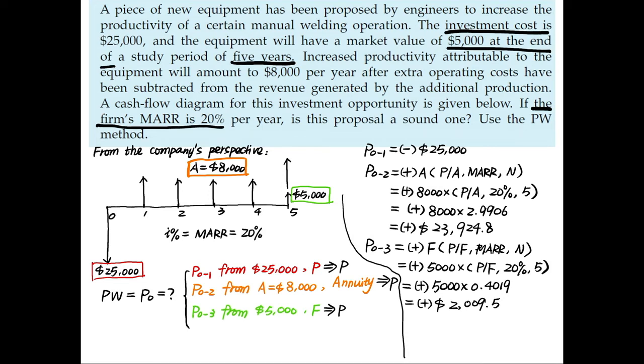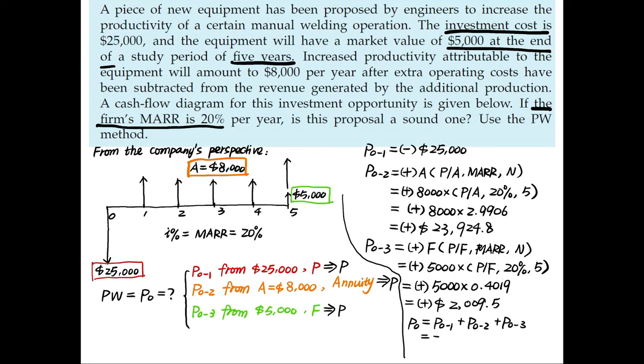Now what is P0? P0 is the sum of P01 plus P02 plus P03.